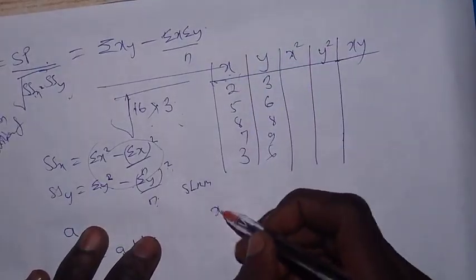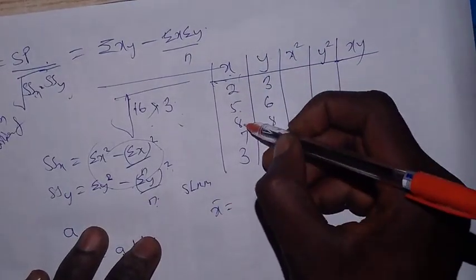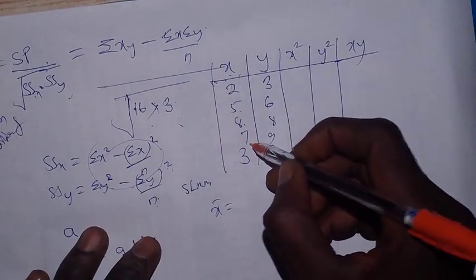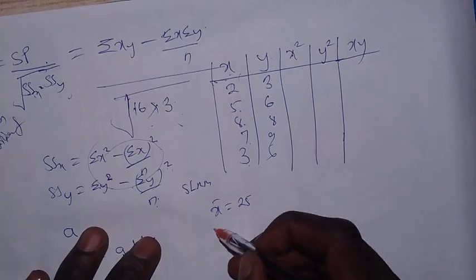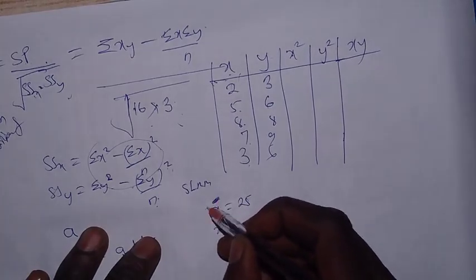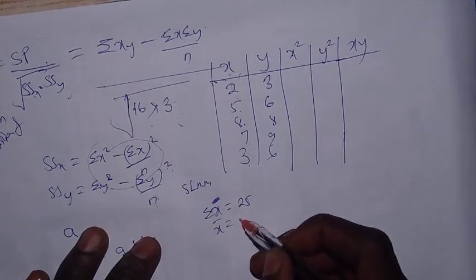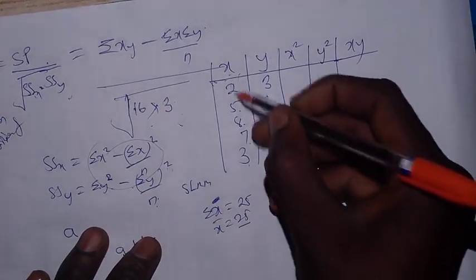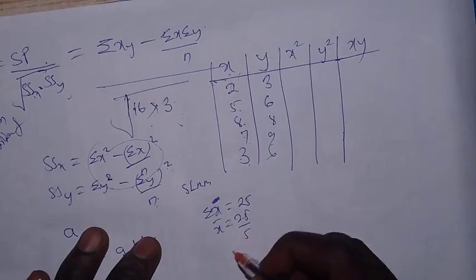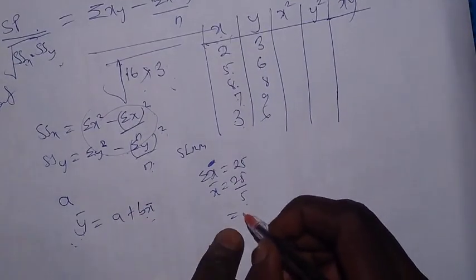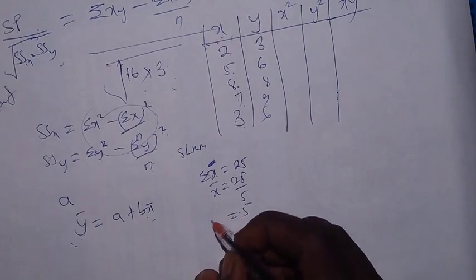If you want to find your x bar, it is 2 plus 5, 7 plus 8, 15 plus 7, 22 plus 3, 25, right? This is your summation x. X bar is equal to 25 over 5. The answer is 5. So our x bar is 5.